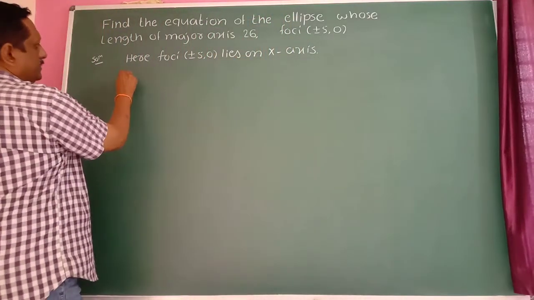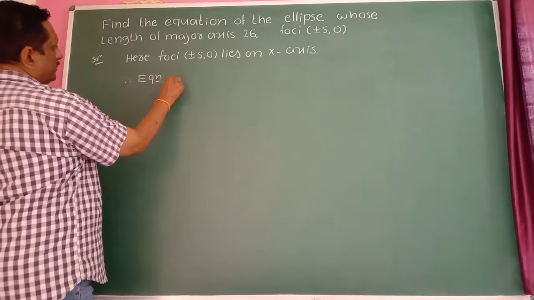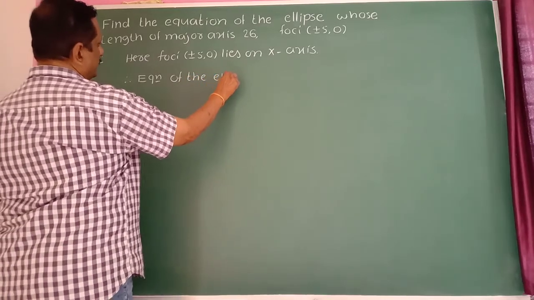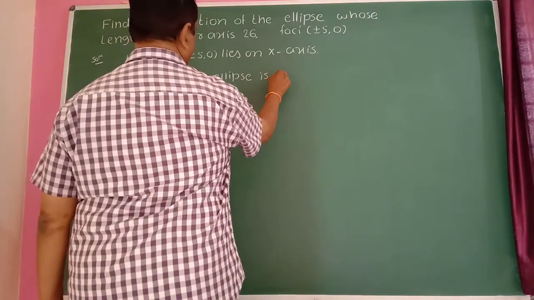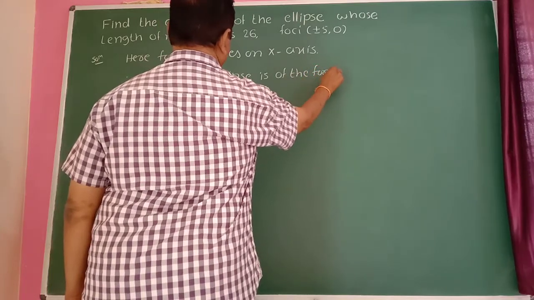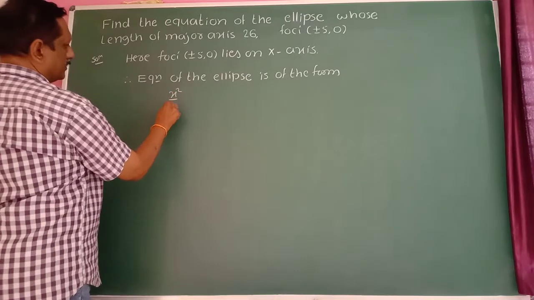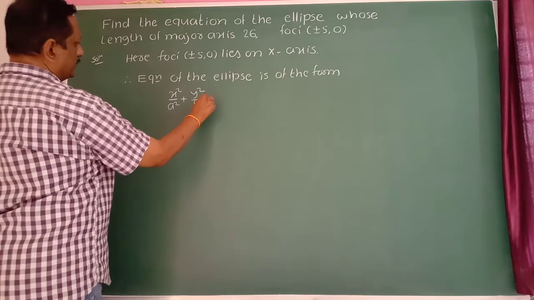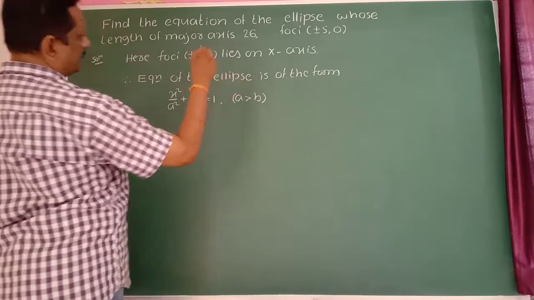Therefore, equation of the ellipse is of the form x square by a square plus y square divided by b square is equal to 1 where a is greater than b.